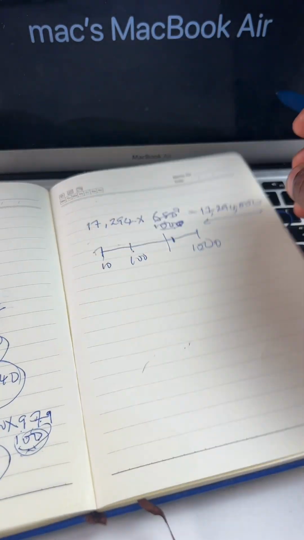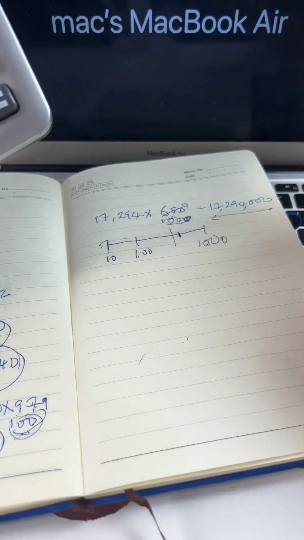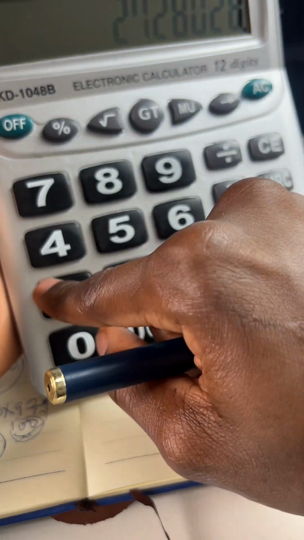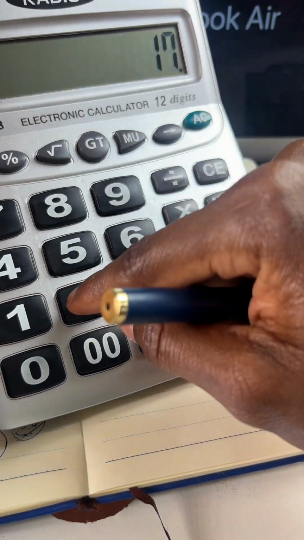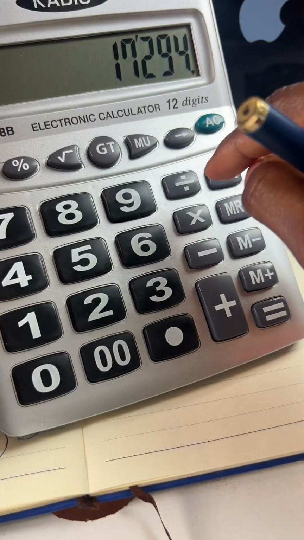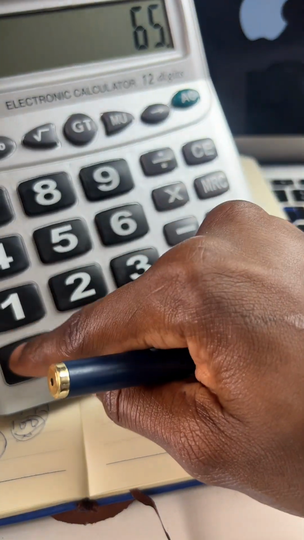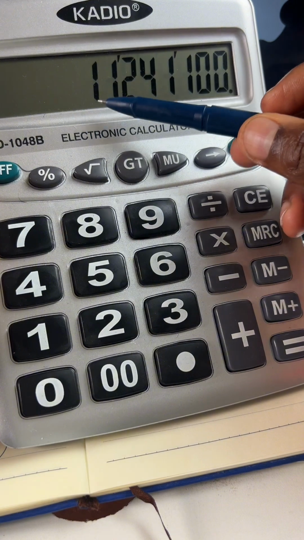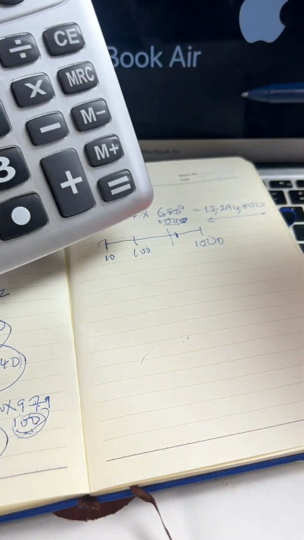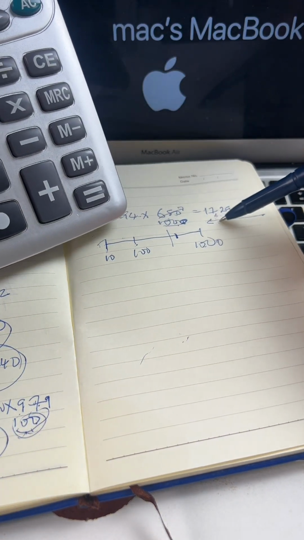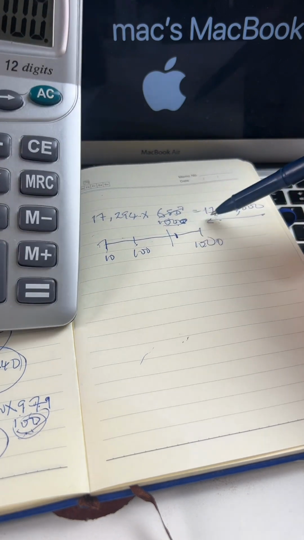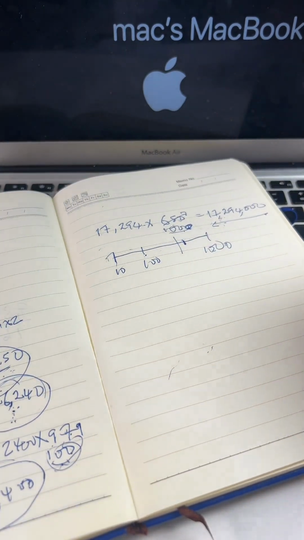Okay, so let's calculate. 17,294 times 650 equals 11 million, and we said the answer is close to 17 million, but less. You see, so we have a rough idea of where the answer would be.